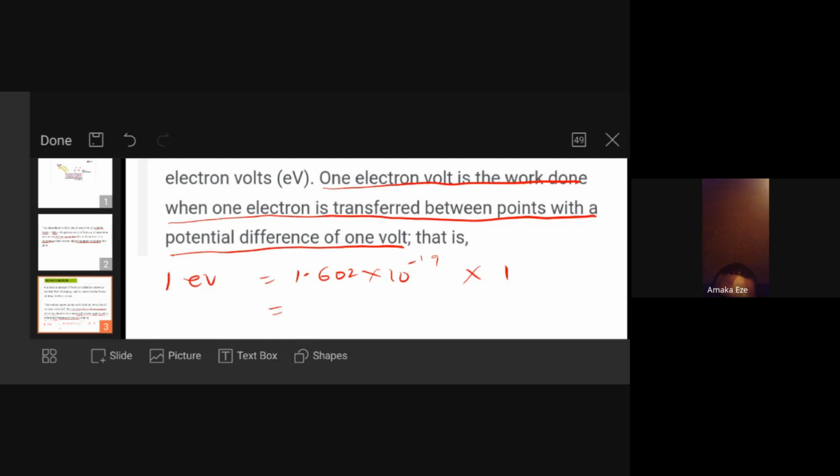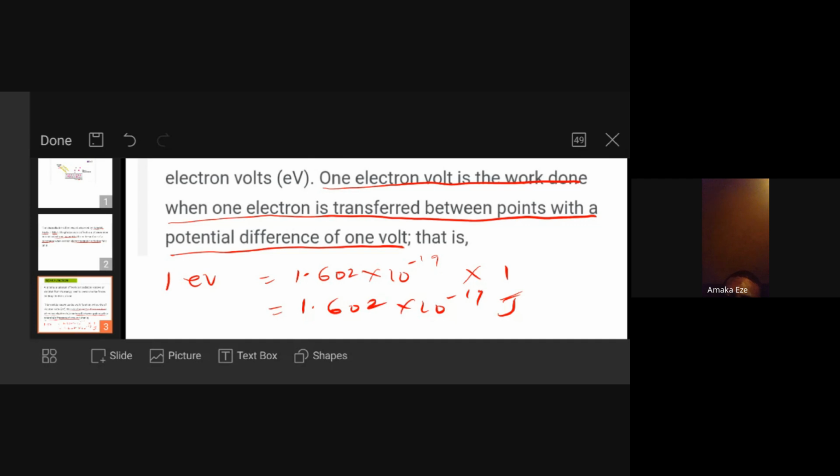All right. So it means that if I want to convert 1 electron volt to joules, it simply becomes 1.602 times 10 to the minus 19 joules, because multiplying this charge by 1 doesn't change the magnitude. The only thing is that charge is in coulombs, and the potential difference V is in volts.